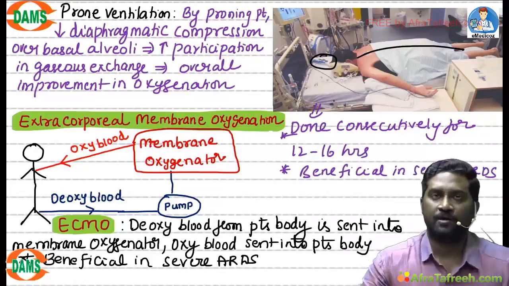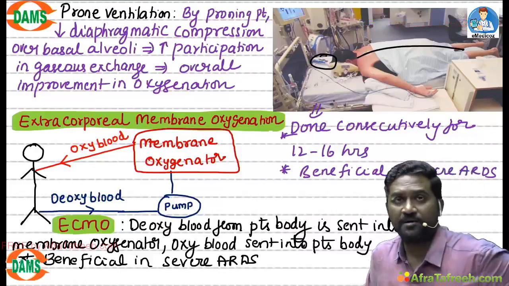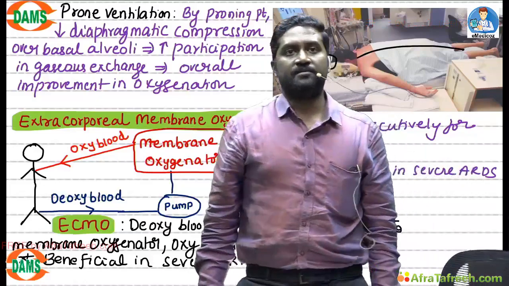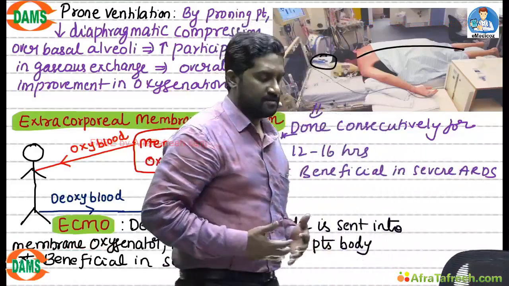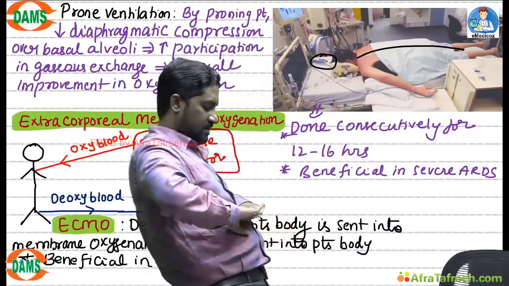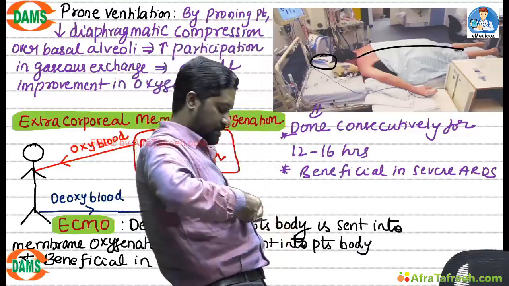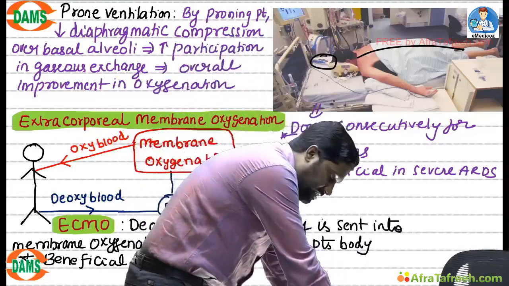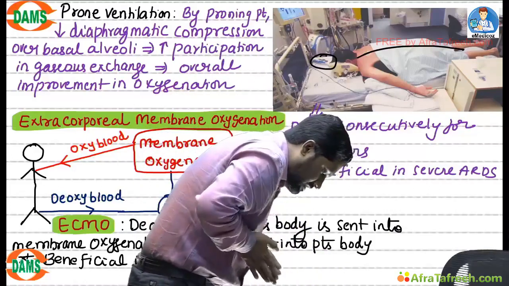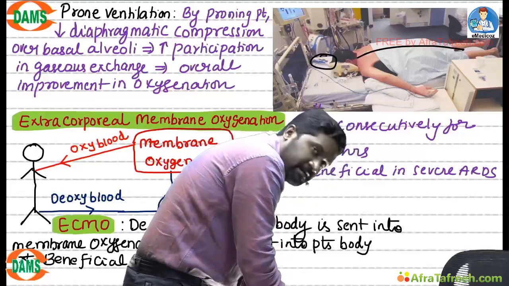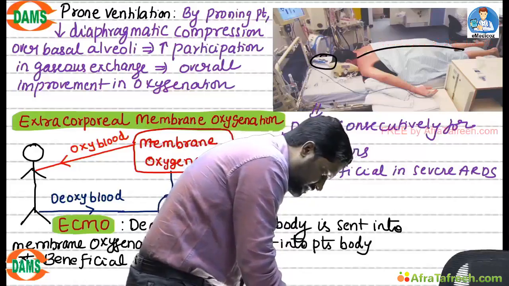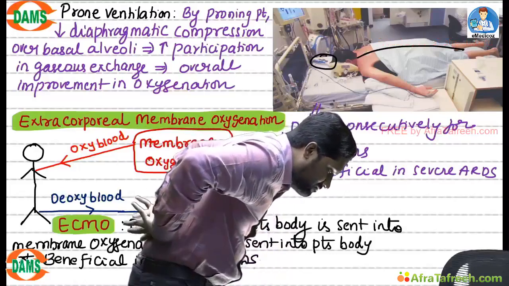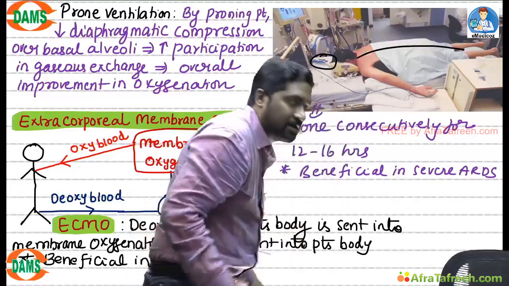Let us see what is the mechanism behind prone ventilation. Now, by proning the patient, whenever the patient is in supine position like this, his diaphragm will slightly come up and it can compress the lung bases. Whenever the patient is lying in prone position, the weight of the diaphragm is facing downwards, so the basal alveoli will start expanding.